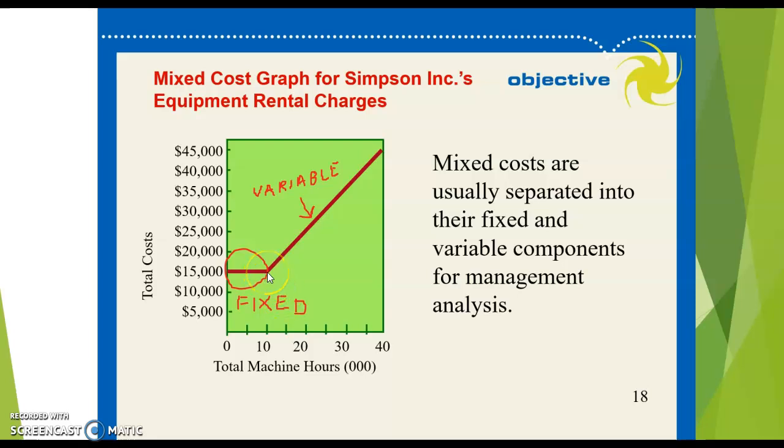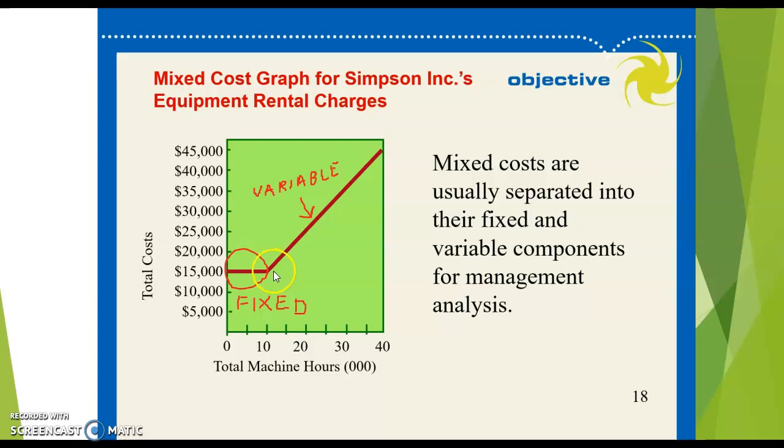Then after the 10,000 hours, we have to start paying $1 per hour. And so if we get up to 20,000 hours, that's 10,000 extra hours, so 10,000 extra dollars. So if I take the 15,000 plus 10,000, that's 25,000, and that's how much total we would have to spend for that equipment.